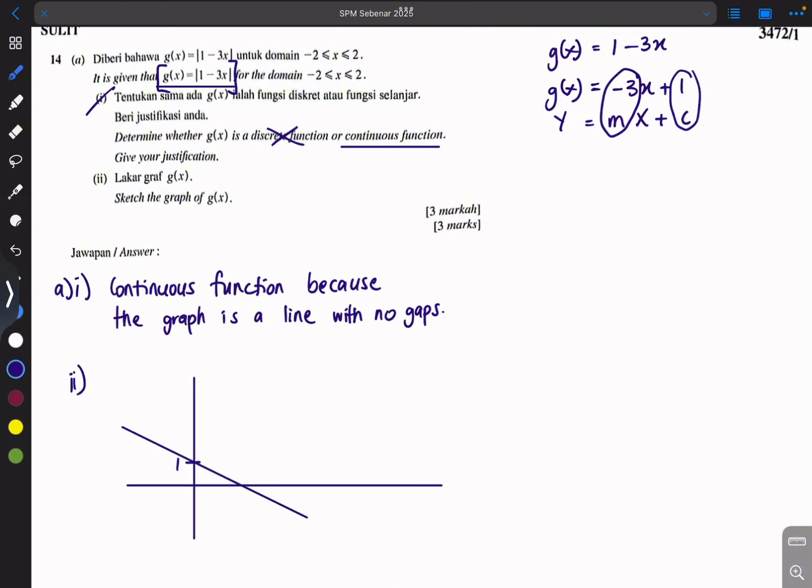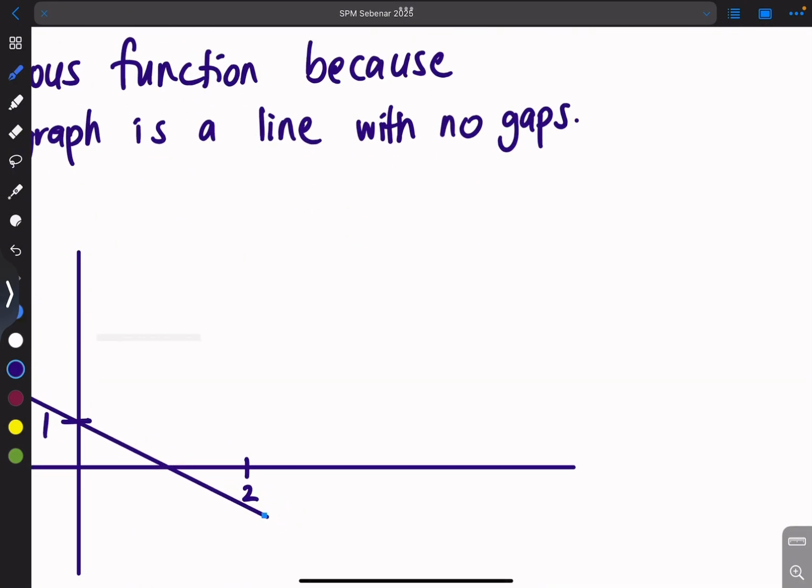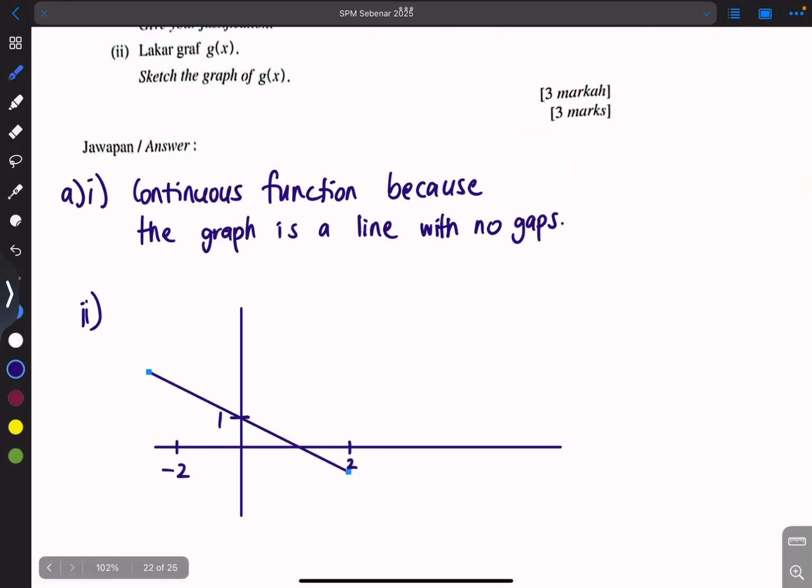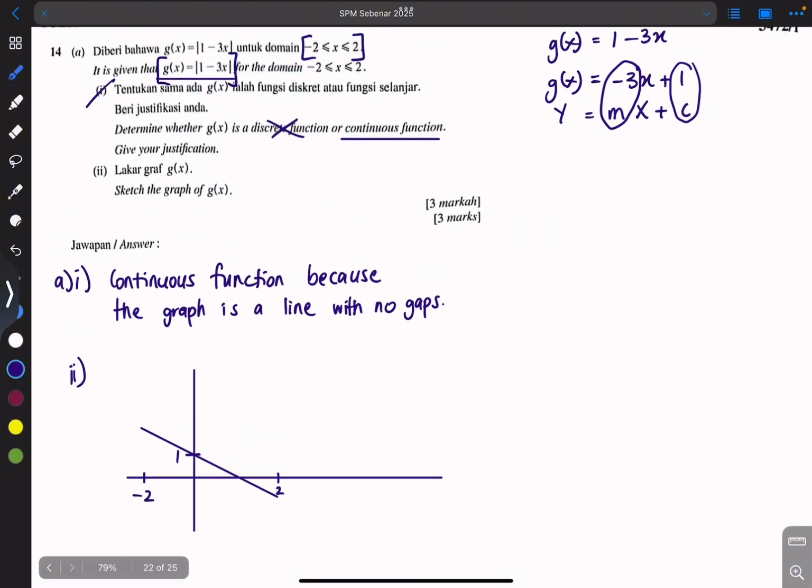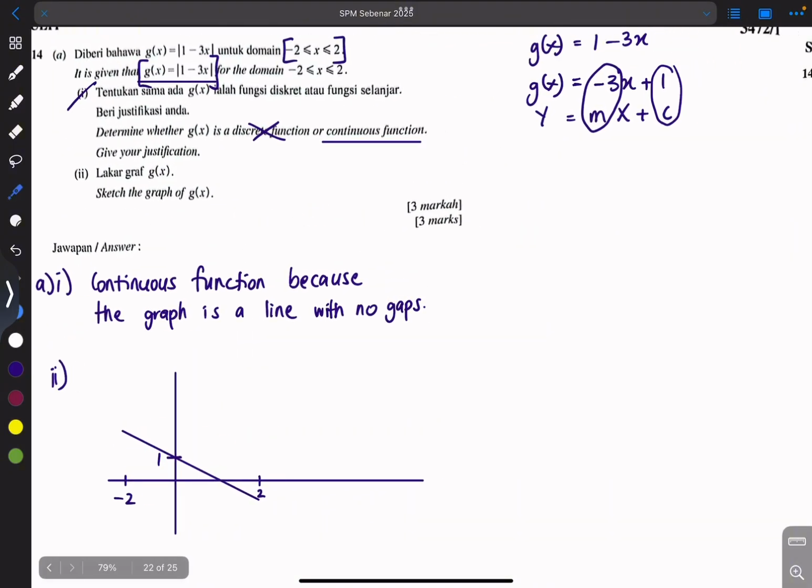Right, before we do that, let's try to find the range first. So we complete this one. When x is negative 2 and when x is 2, we need to find the values of the coordinates. Okay, like this. So what we do is we just substitute into the equation.